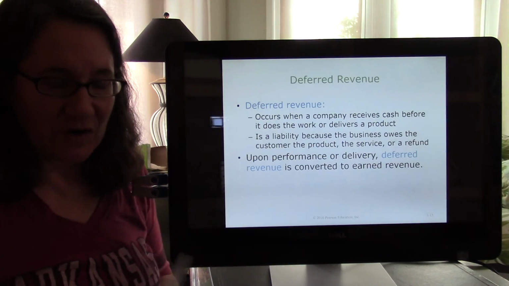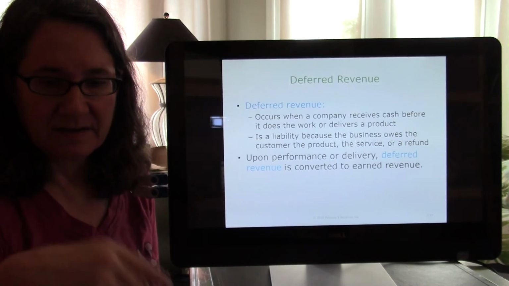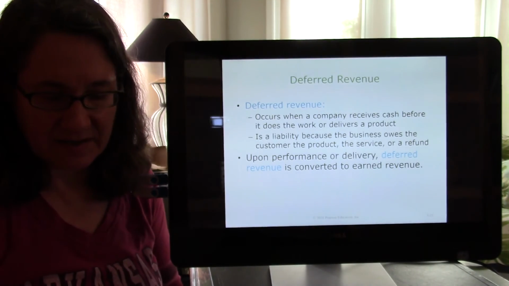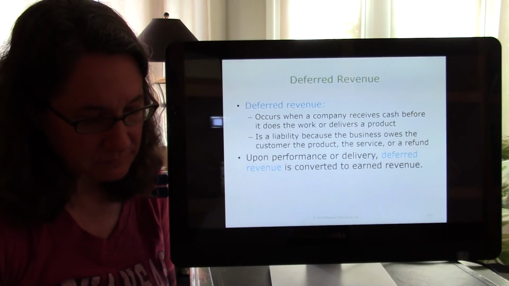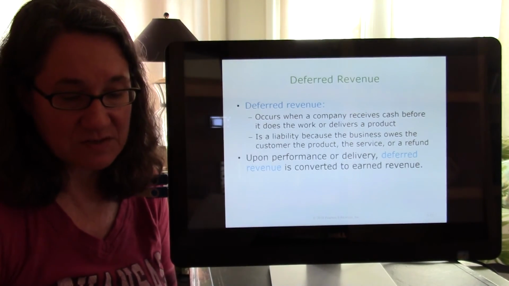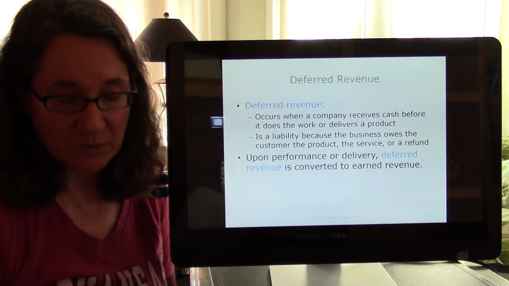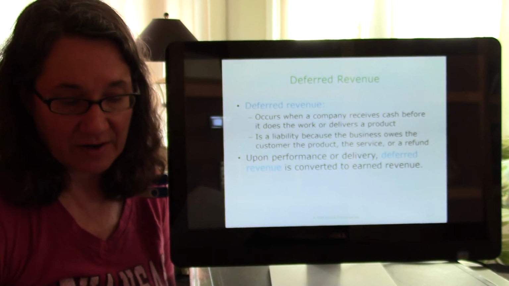Let's talk about deferred revenue. So remember, deferrals mean something got paid up front and now we're accounting for it. Deferred revenues occur when a company receives cash from a customer prior to performing services or delivering a product.